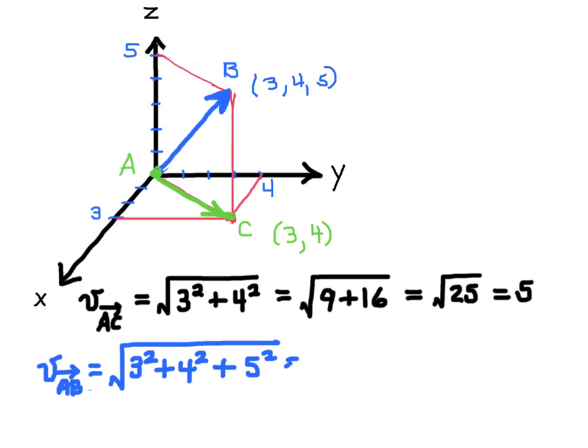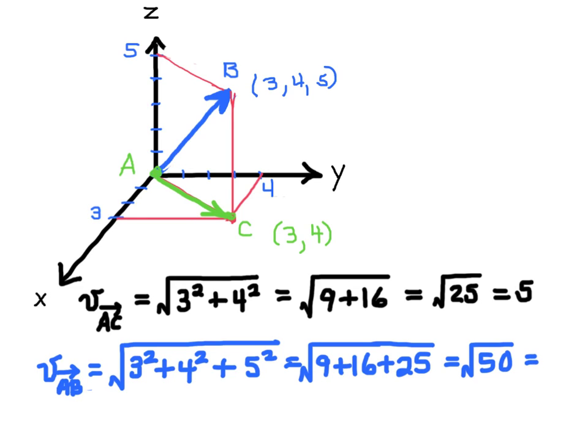So we end up with the square root of 9 plus 16 plus 25, and that's going to be the square root of 50, which can be written as 5 radical 2. So 5 times the square root of 2 is the magnitude of vector AB in 3-dimensional space.